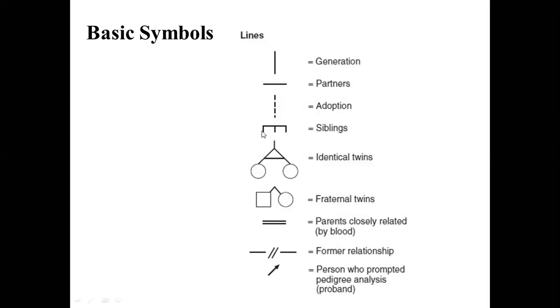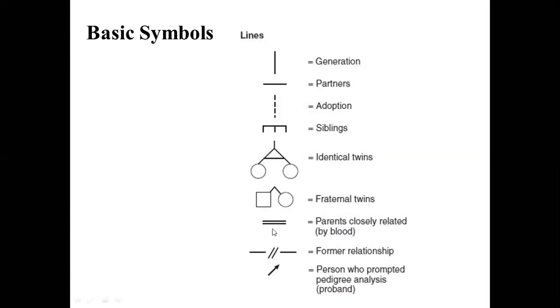If there is the same node, that represents siblings. If there is a triangle, it represents identical twins, the twins have the same faces. And if there is no triangle, just a pyramid without the last line, it is fraternal twins that don't have the same face, however they are twins born at the same time.